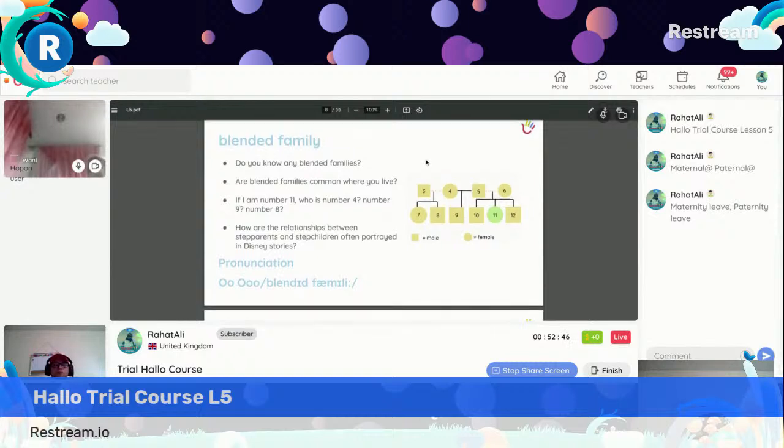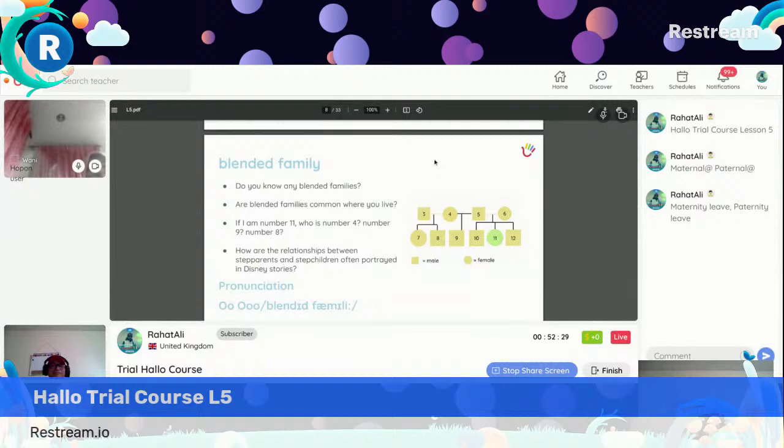Okay. Now look at the next question. Are blended families common where you live? Yeah, I think it's common here in Malaysia. Okay. And there is a question. If I'm number 11 from the diagram, who is number 4, number 9, and number 8?